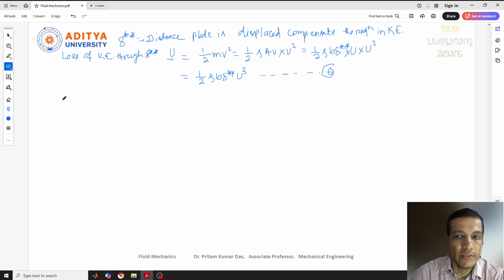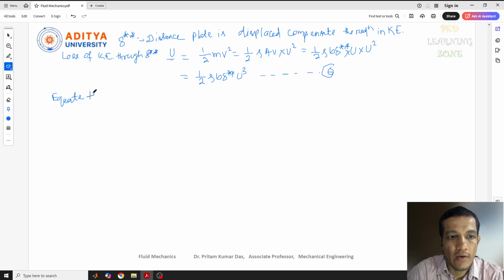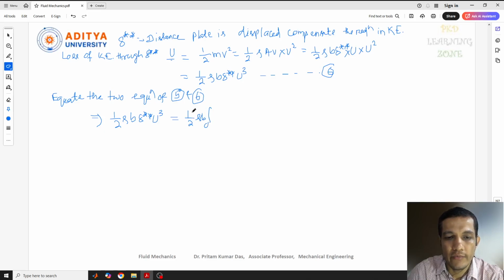Similarly, we equate the loss of kinetic energy with the plate and through this delta double star. So you can equate these two equations, 5 and 6. We can write half into rho into b delta double star into U cube, and previously we got the equation that is half rho b, taken outside, and the integration from 0 to delta of u into capital U square minus small u square, dy.